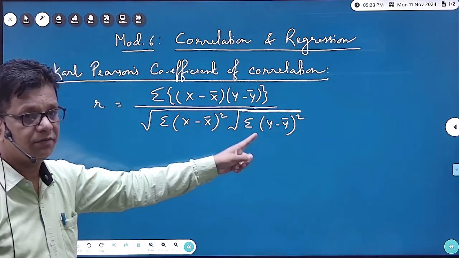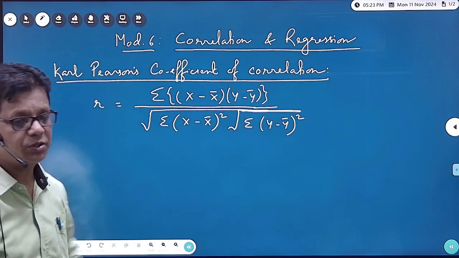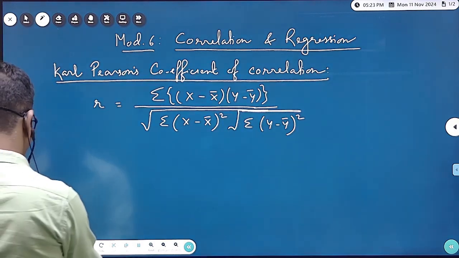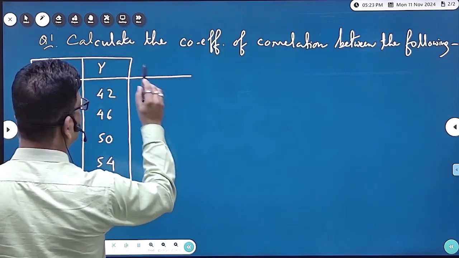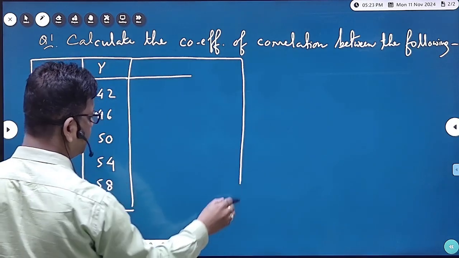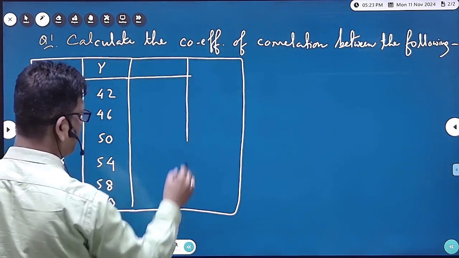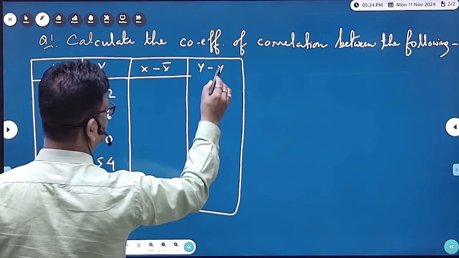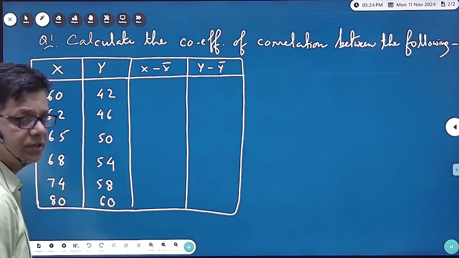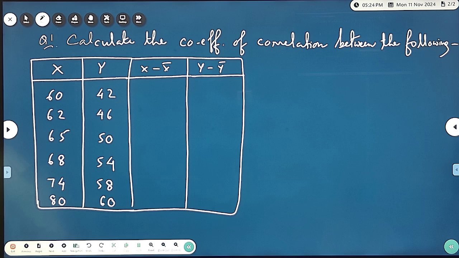First x bar and y bar, then we will find x minus x bar and y minus y bar. Now x bar is very simple, just the mean of x.